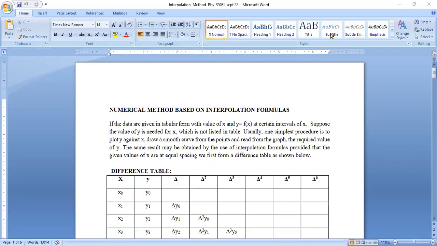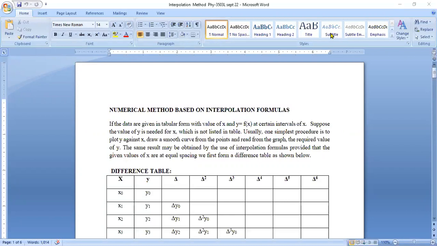This is an exercise to perform interpolation. Before I proceed with the exercise, I will give you a brief introduction about interpolation.